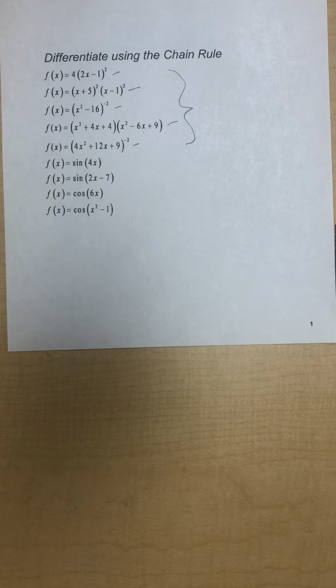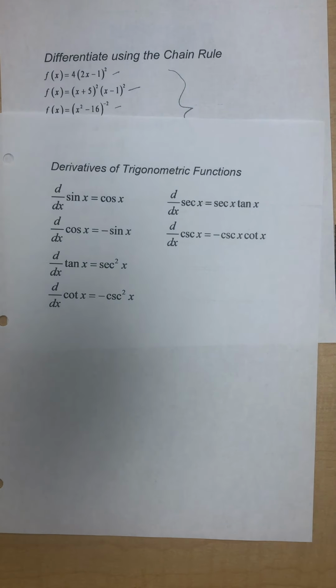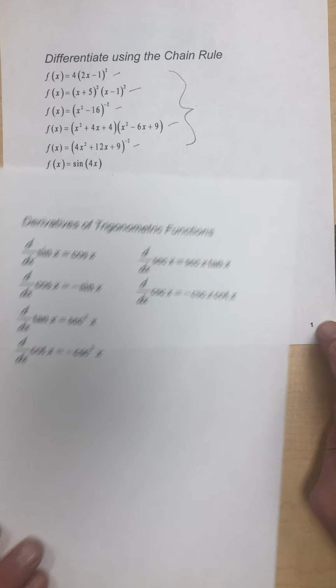I'm trying to think of, do I have one of these in here? Okay, there we go. You might want to grab this and keep it handy just in case. You might need it, you might not. All right, so we'll see what's going on here.